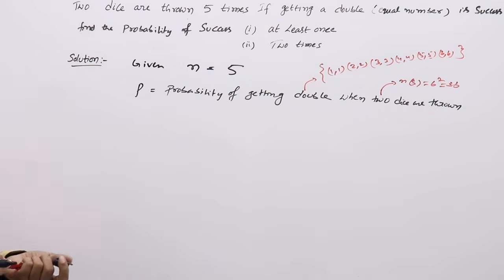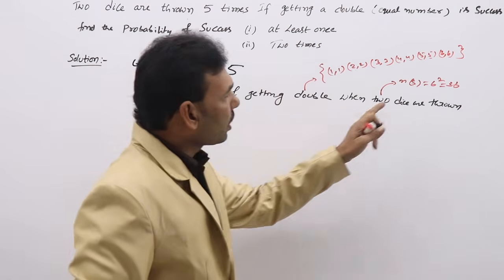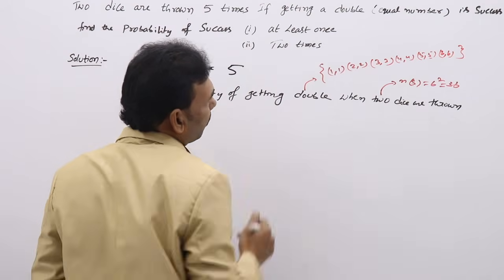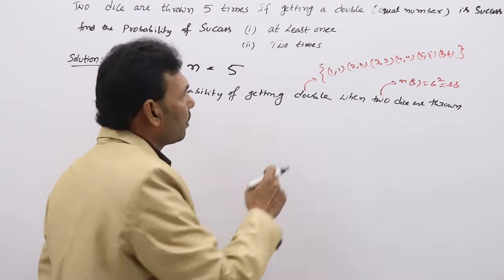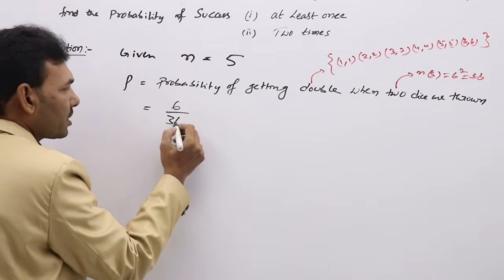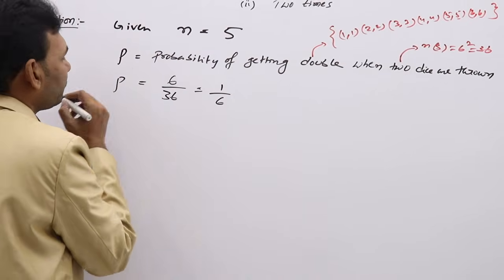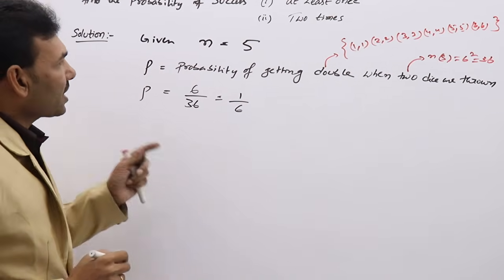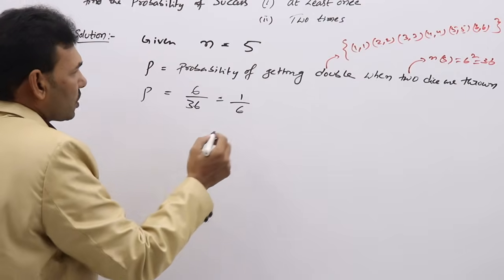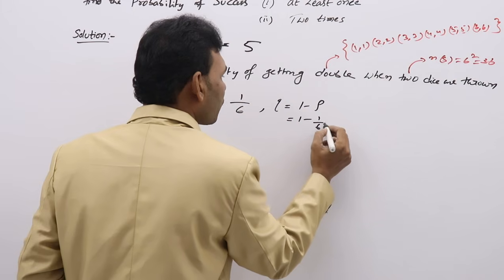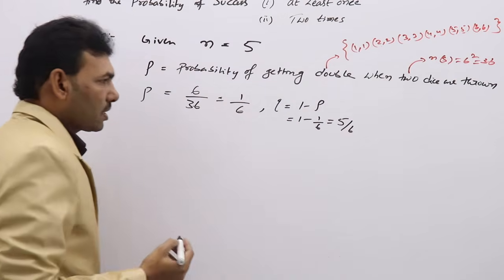So we have the favorable cases and the total number of outcomes, and we can easily find the probability: 6 by 36, which is 1 by 6. So P is 1 by 6. You know what Q is? 1 minus P, 1 minus 1 by 6, 5 by 6.